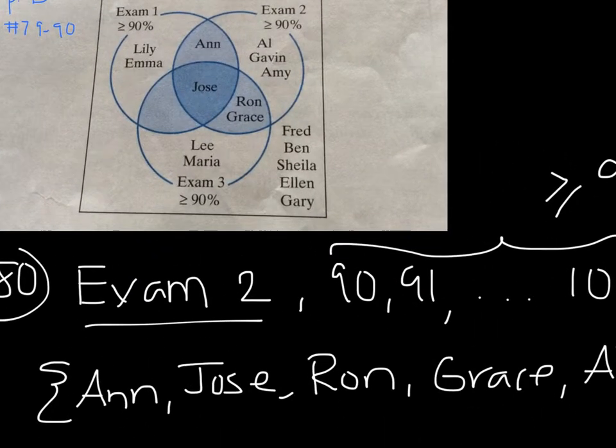If we go to our exam 3, where's exam 1? Exam 1 is right here. Jose is in exam 1, so we can't include Jose. So our solution is going to be Ron, Grace, Lee, and Maria.